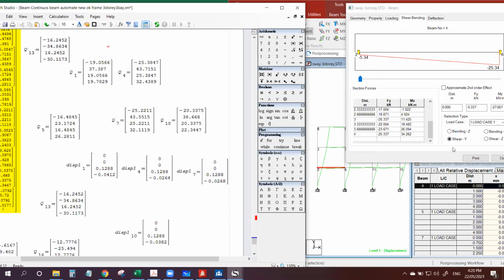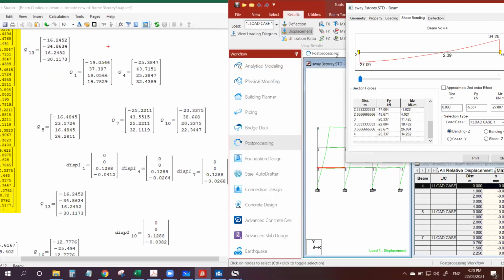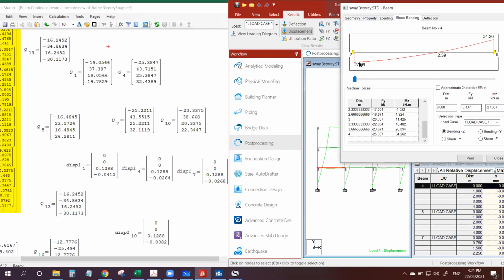Okay, so I'm getting 5 and 25 here. I'm getting 16, both. For the bending, 27, 34. Yeah, 34, 30. This difference is also because you have concentrated load at this point.